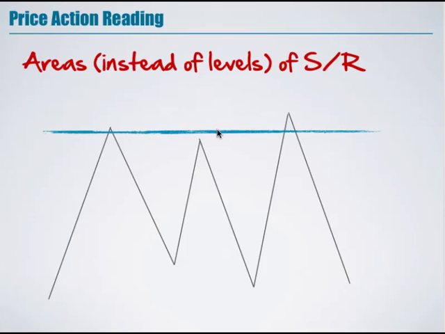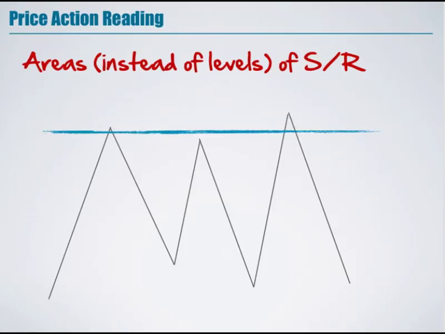The daily, an area of support and resistance in the daily will be certainly tighter than an area in the monthly time frame. Okay, just because price movements in the monthly time frame are certainly longer, right? And therefore any buffer area of support and resistance is also meant to be longer or wider.